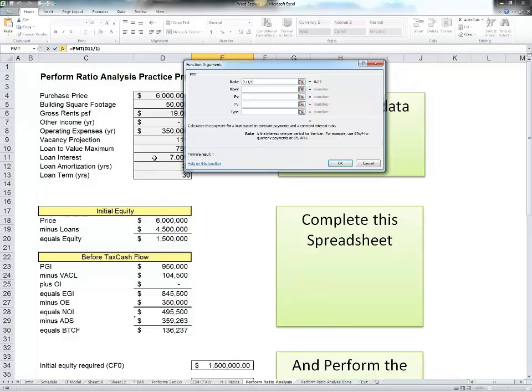Number of periods is our 30 years of amortization times 12. Now, for present value, we just want to use $1. What this means, we can interpret this 0.00665 as the monthly payment on every dollar of loan at 7% interest and 30 years.